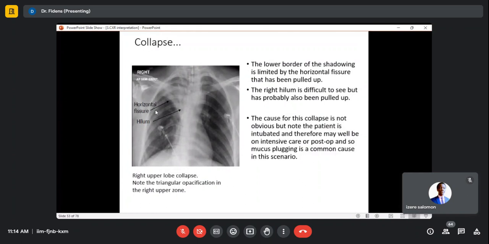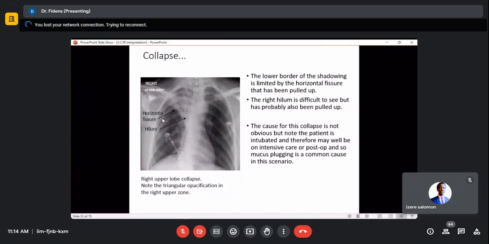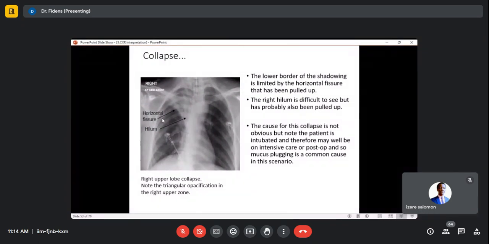The tip of the endotracheal tube should not reach beyond 5 centimeters from the carinal angle. When it is within those 5 centimeters from the carinal angle, you have to go and pull it up.